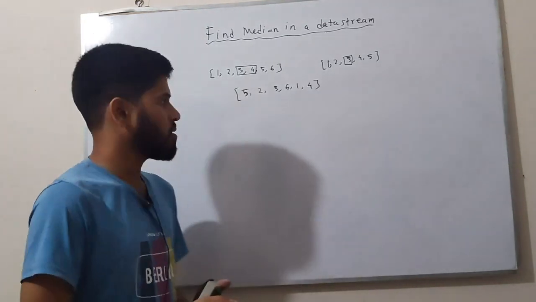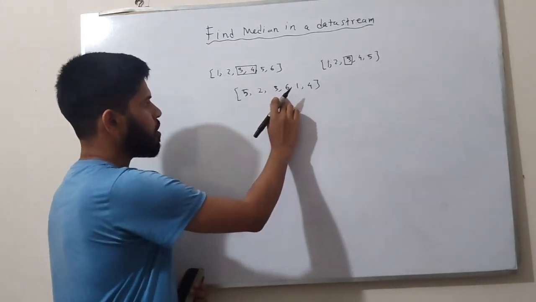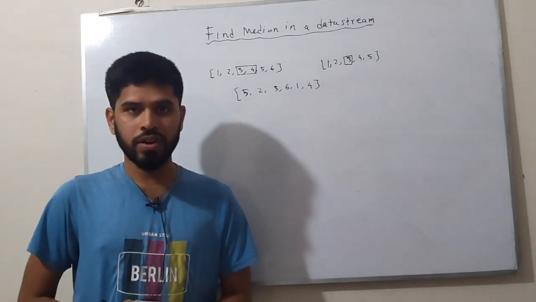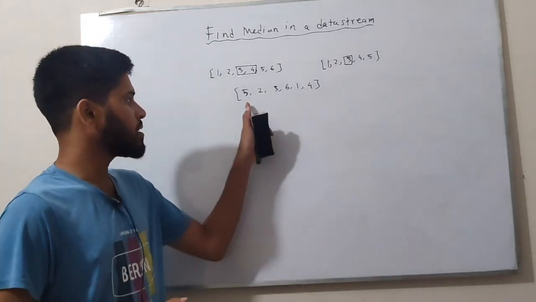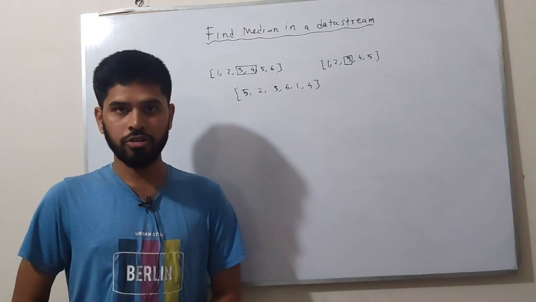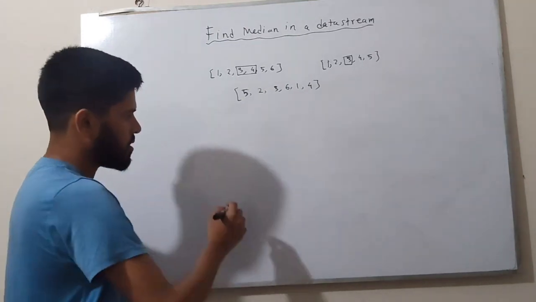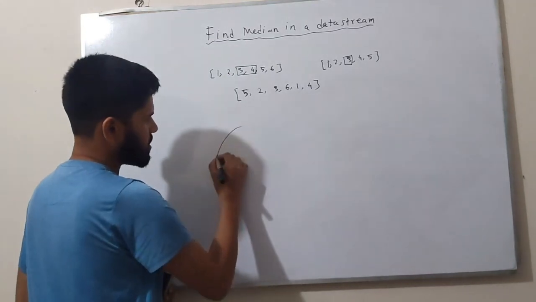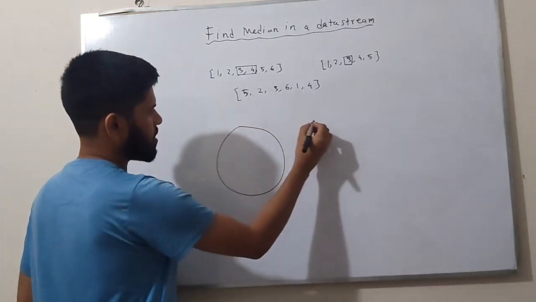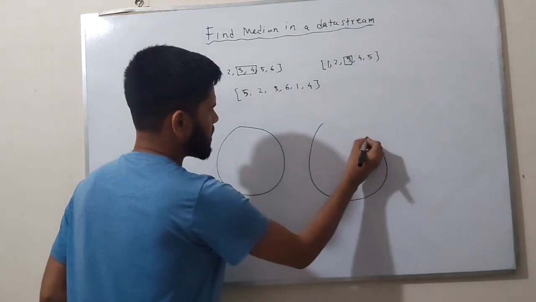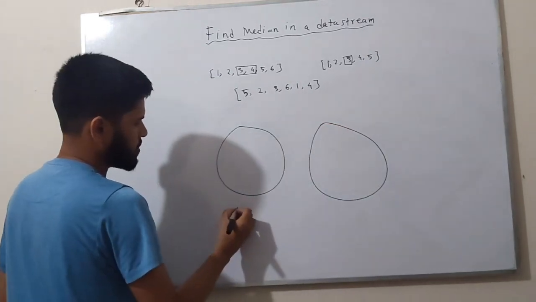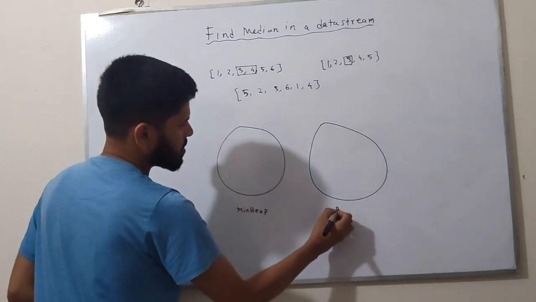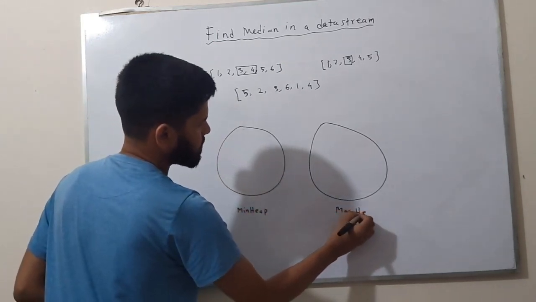Let's assume we have this flow of integers. Our job is to find the median from this stream in logarithmic time complexity. Let's create two data structures here, min heap and max heap. This is our min heap and this is our max heap.